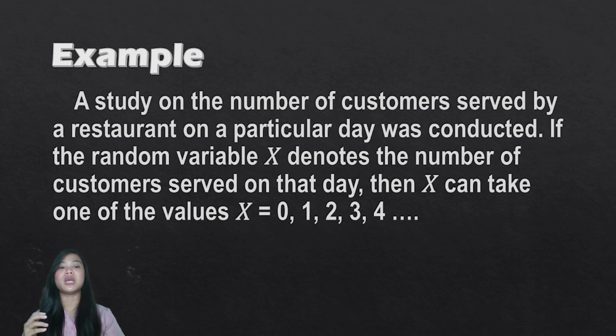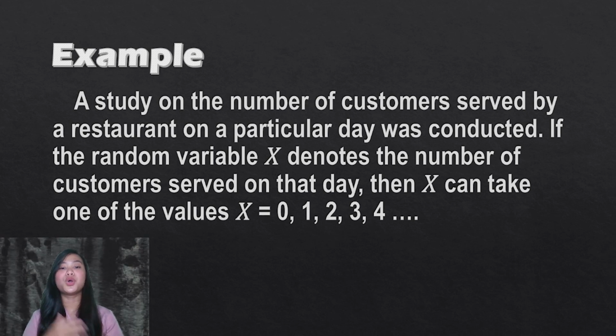So how did those researchers get that? They observed how many customers will go and dine in the restaurant. So there are possibilities that it can have 0 customers, 1, 2, 3, and 4.